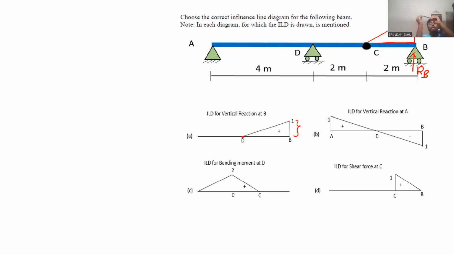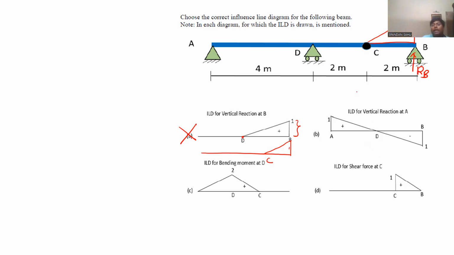So it will rotate from point C, but not from point D. So this is wrong. And the correct ILD should be, I am drawing the correct ILD here, it should be like this. And this should be unit.